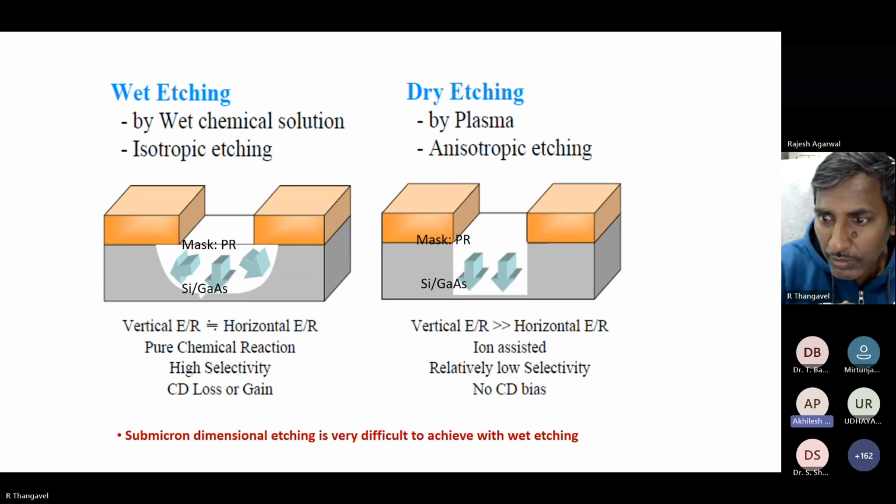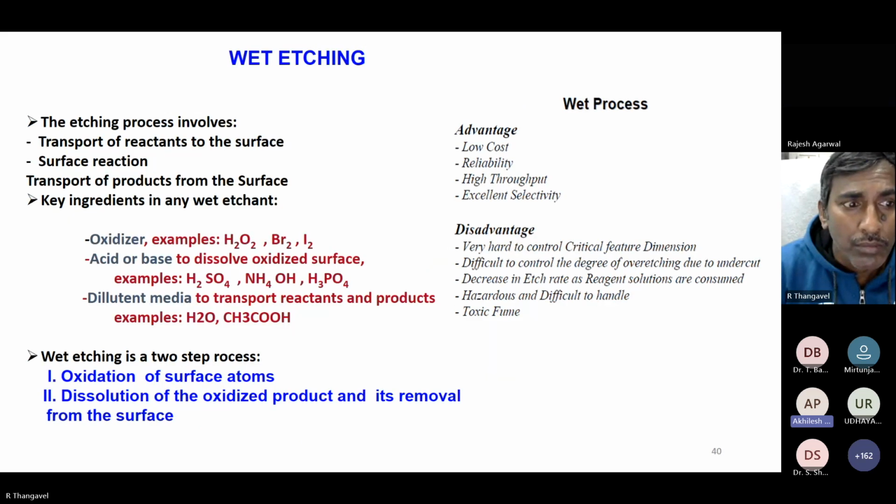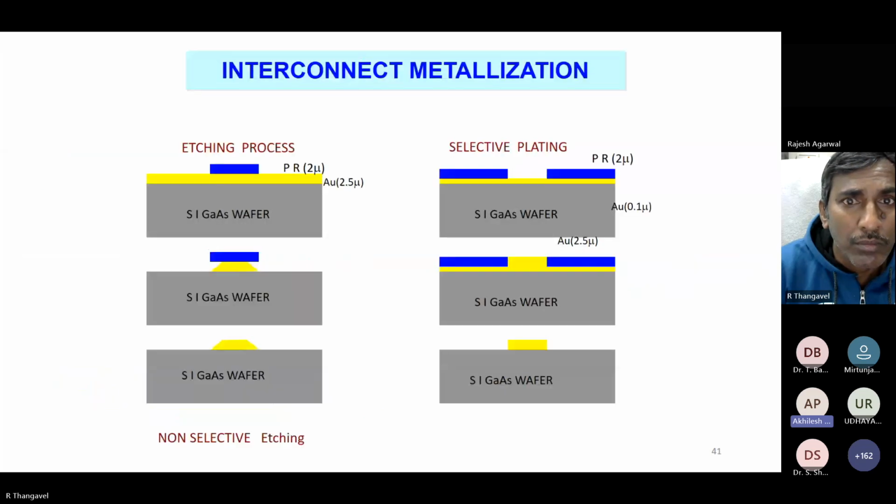Now, interconnect metallization is also very important. In the etching process, photoresist is used on the metal. In non-selective etching, this metal is etched, and then the photoresist is removed. But it is a non-selective etching, so our metal is not in a cubical format.